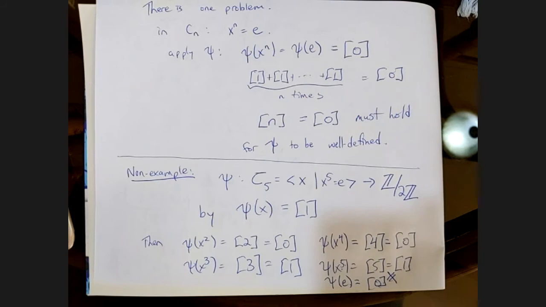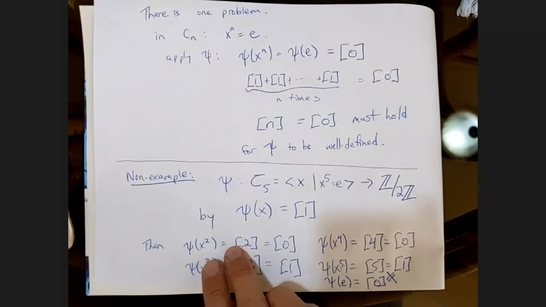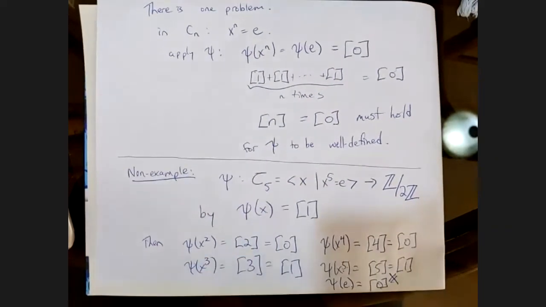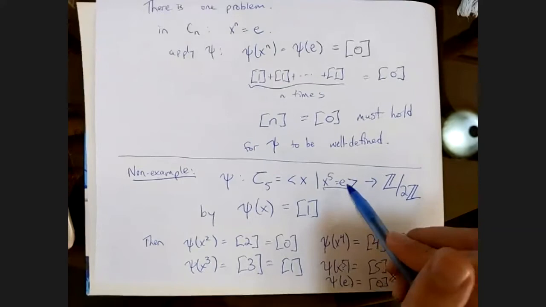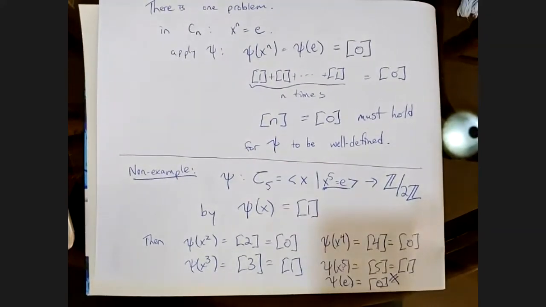Okay, so even though it seemed like I was doing everything right, I did the exact same thing as in the previous example. Everything crashed because I didn't remember that I have to check that this relation holds when I apply my homomorphism to it.